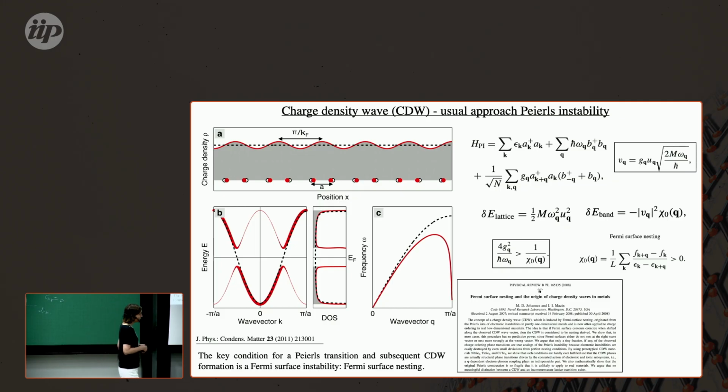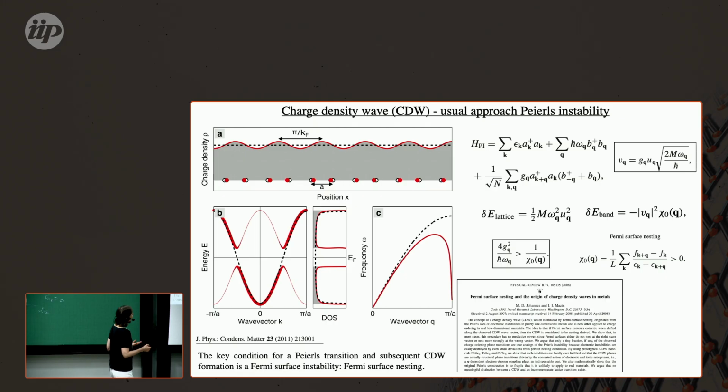phase is starting from a one-dimensional system which somehow is dimerized, and with this dimerization actually the band opens a gap, and that state actually lowers the whole energy of the system.